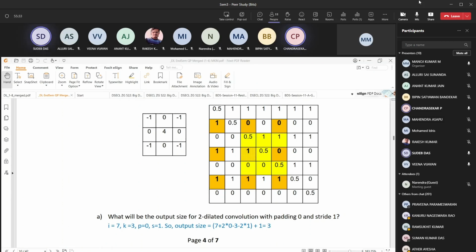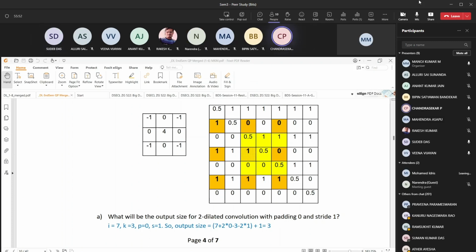Then you move one row or one column, that windowing length, and the next calculation happens after one row or one column. That is what stride is. But when we say dilation, when we apply the kernel itself, you apply it as an elongated one, with gaps between the rows and columns in the kernel. Let me explain.